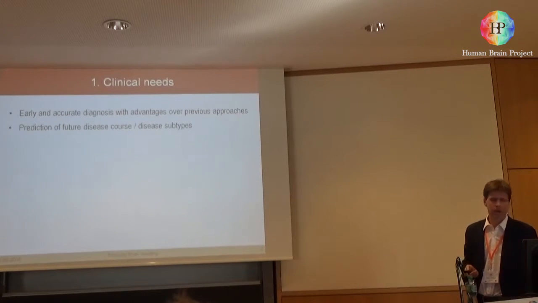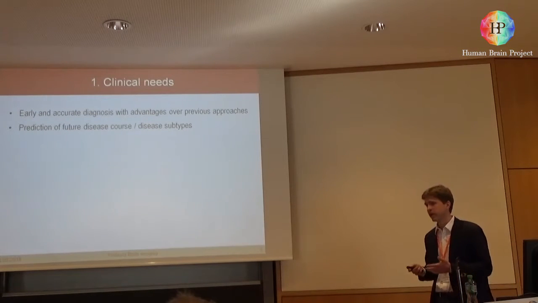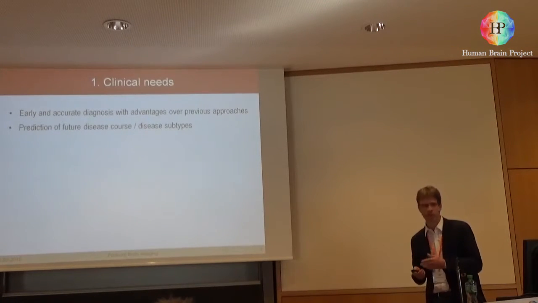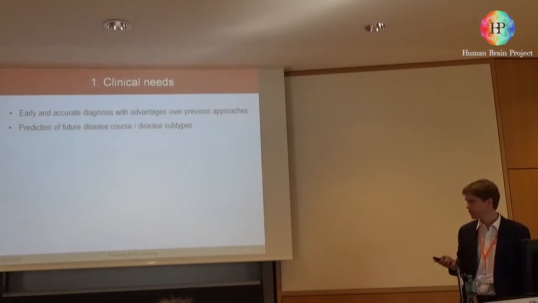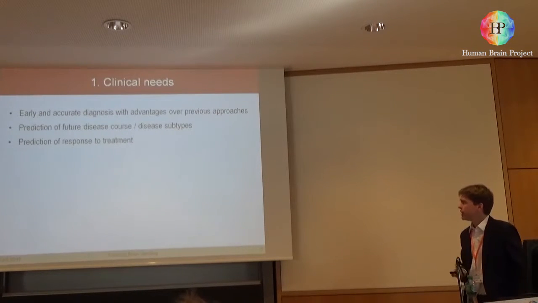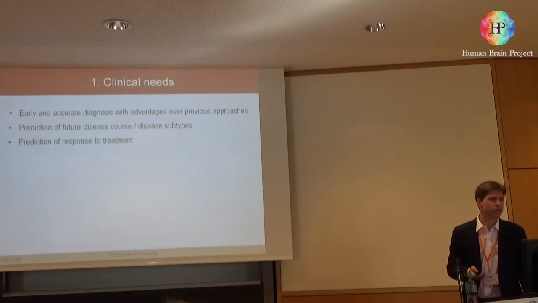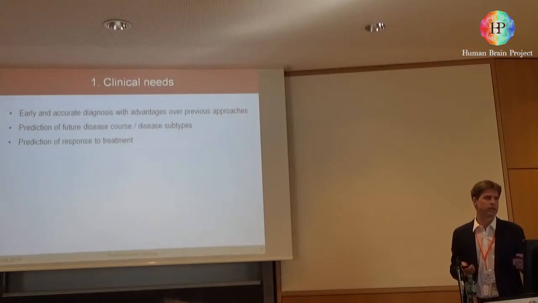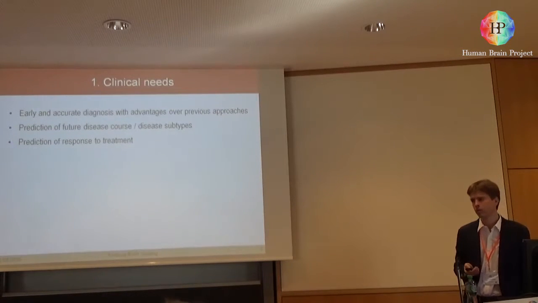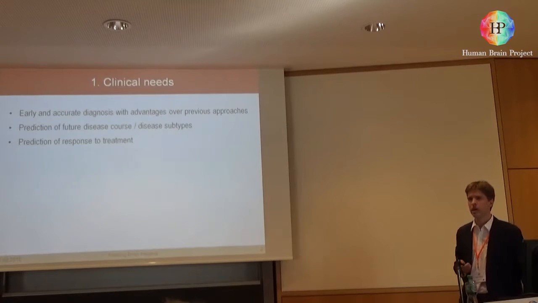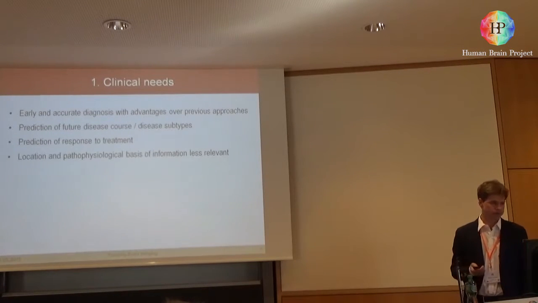And if you put diagnosing into a wider context, it also includes the prediction of the future disease course or disease subtypes, which are important for the stratified inclusion into clinical trials, very much like what you've learned in the previous talk. And it could also include thereby the response to treatment. And this could potentially include also non-pharmaceutical treatments such as cognitive training, which is also a big topic in the area of mild cognitive impairment and dementia.